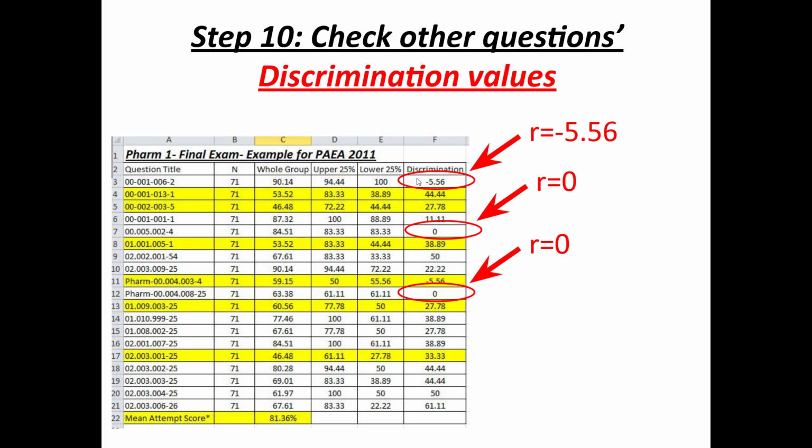So I'm not going to spend a whole lot of time on a question that only 10% of the class missed. I might look at it again next year to see if there's something I need to fix on it.